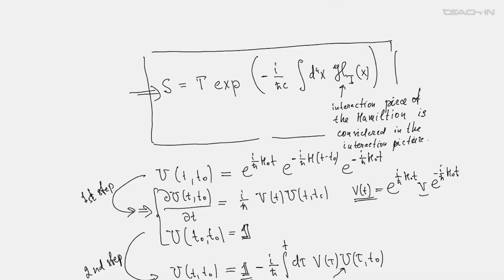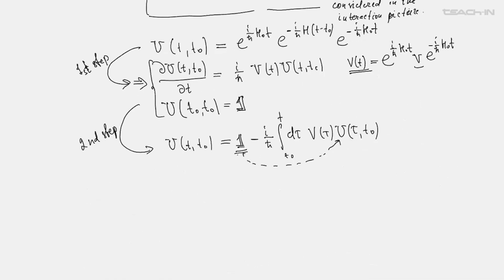So the time-ordered product comes from implementation of this way of solving this integral equation by means of iterations. So this is where it comes from.